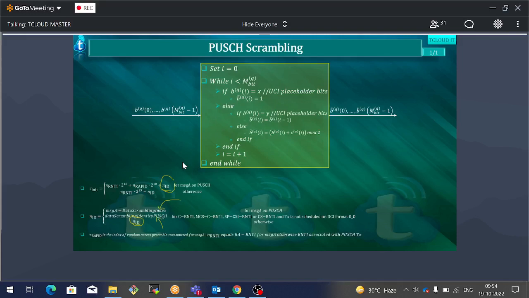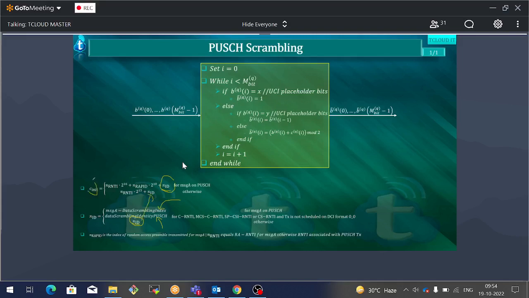For the Message 3 case you will be receiving it as part of the SIB message, data scrambling index, or if the mobile is using the genuine PUSCH, at that time the mobile might get this data scrambling identity PUSCH. If none of these two things are available, then you have to use your N_ID itself as it is, the physical cell ID or N cell ID, substituting into this particular position.